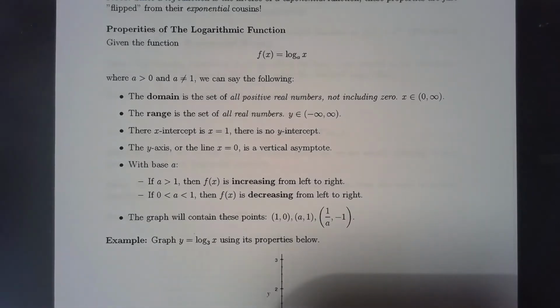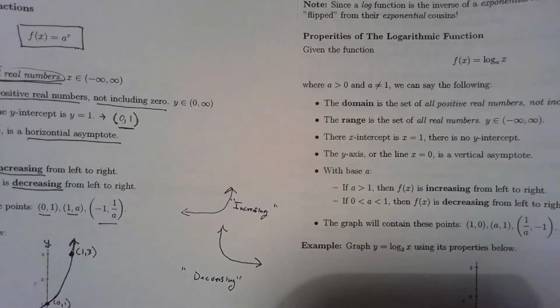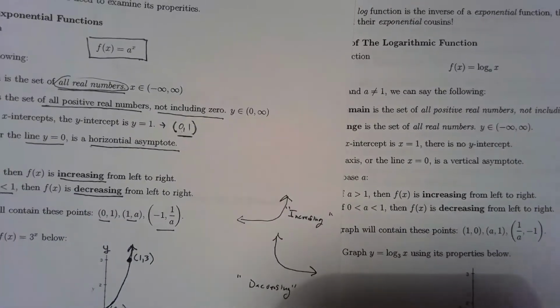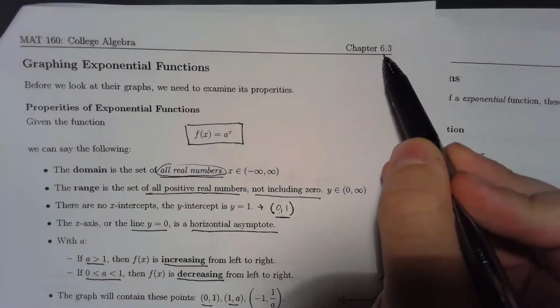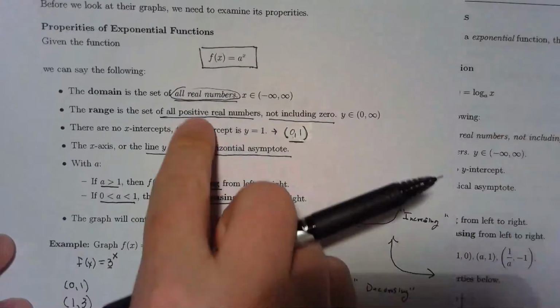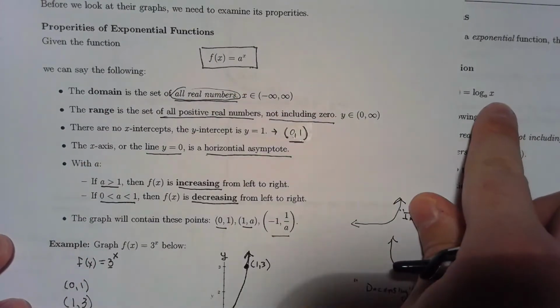So here are the notes for exponential properties. I know it's hard for me to squeeze both of them in the same view, but these are the properties for exponentials in the previous section's notes. So the domain and range here are going to be flipped for a logarithmic function. All right.